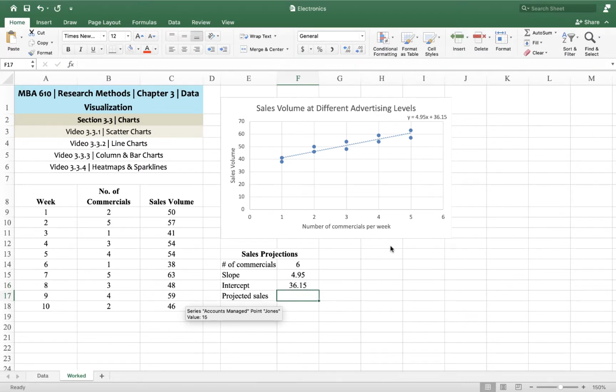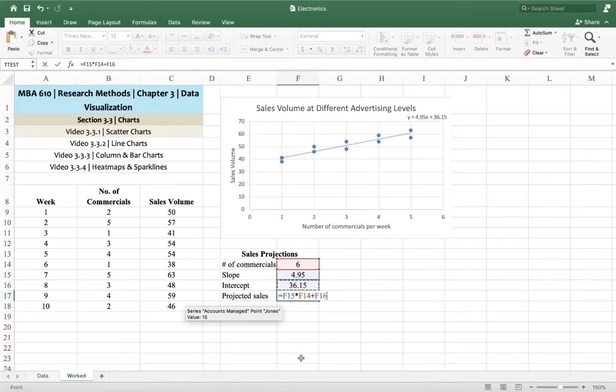So if we want to know what our sales projections would be next week, let's say, if we wanted to run 6 commercials, our sales would be equal to, by entering the equal sign, I'm telling the cell that I'm entering a formula, m, which is the slope, multiplied by x, which in this case is the number of commercials, because that's what's on the x-axis in this model, plus the intercept of that line.